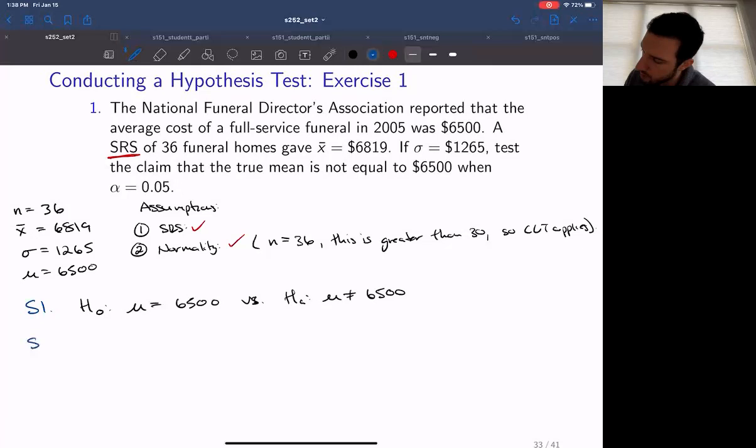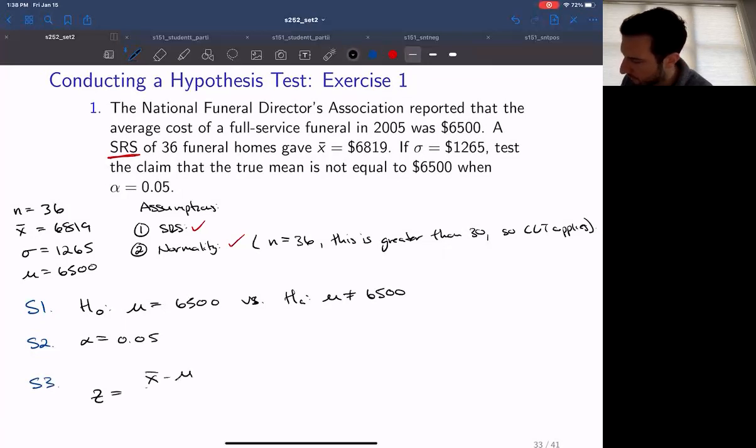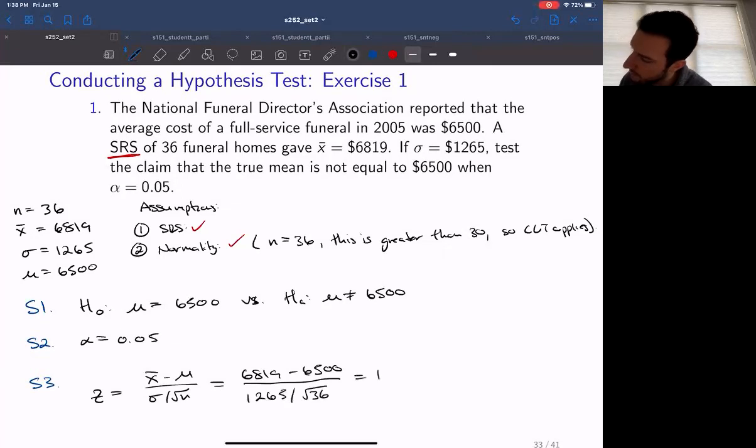On step 2, we will state our significance level. And then on step 3, we will give the test statistic, which is x bar minus mu divided by sigma over the square root of n. So this is 6,819 minus 6,500 divided by 1,265 over the square root of 36. And this is 1.513.